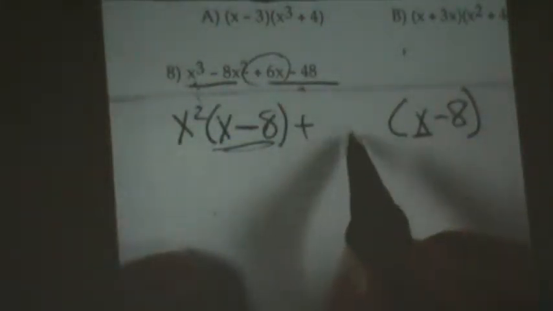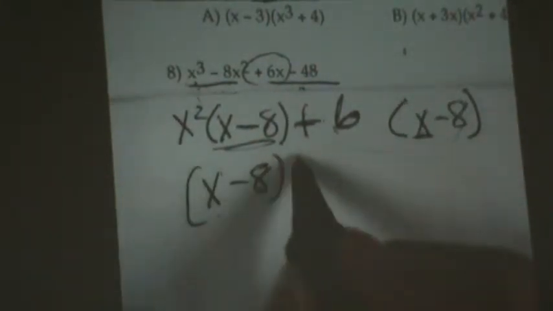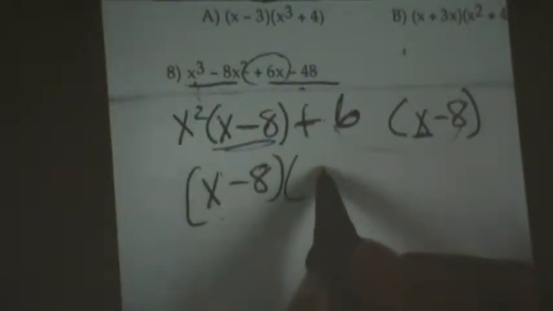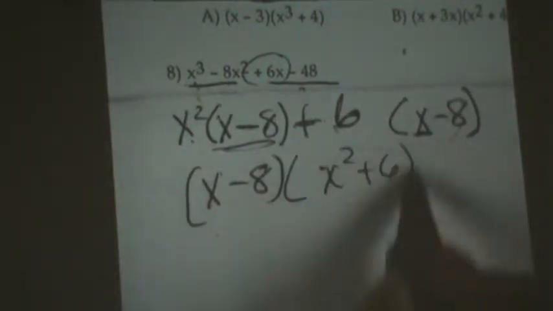So we need the x minus 8 over here. What do we multiply to get that first term? Plus 6, right? So that's plus 6x and then minus 48, so that's right. Okay, they have in common x minus 8. Second term should be x squared plus 6.